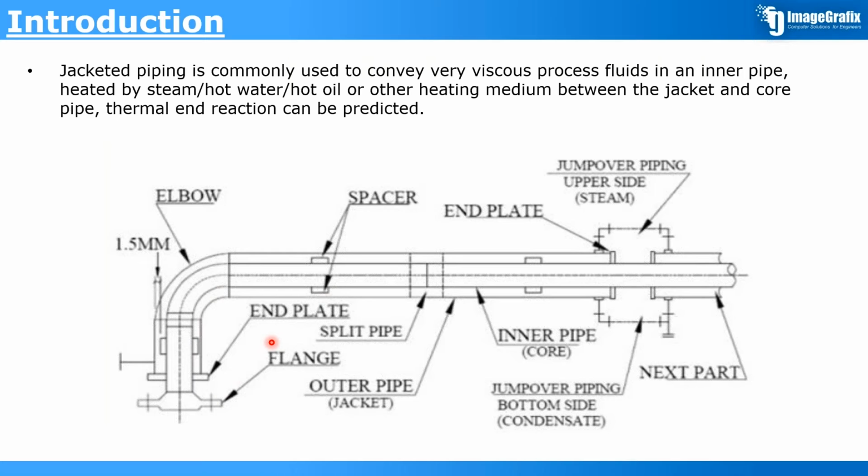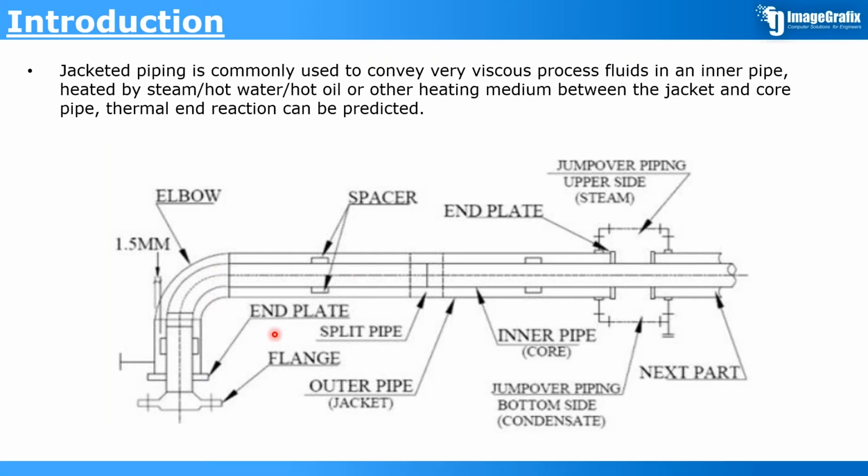The material of my core pipe and jacket pipe might be the same, or may not be the same. It depends on the requirements and would vary. There are lots of things which come into picture. As far as core piping, it's a regular pipe, so that goes as usual.